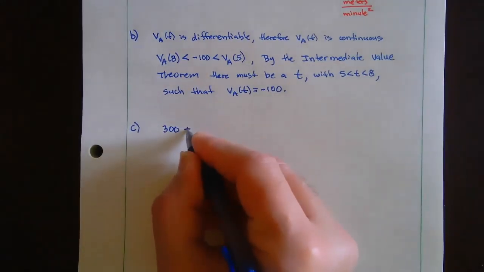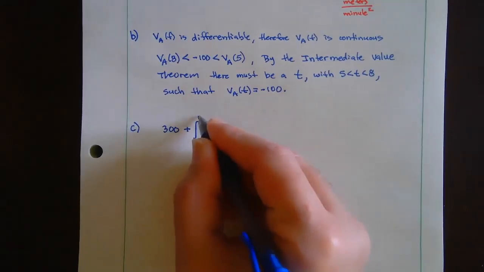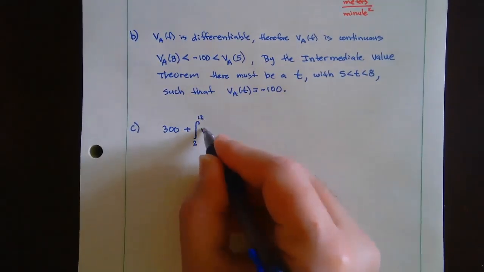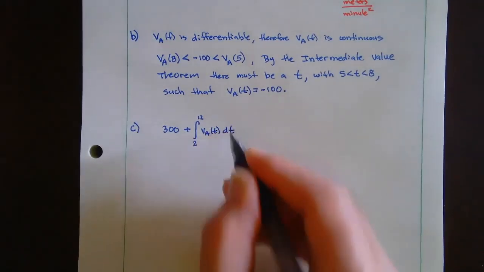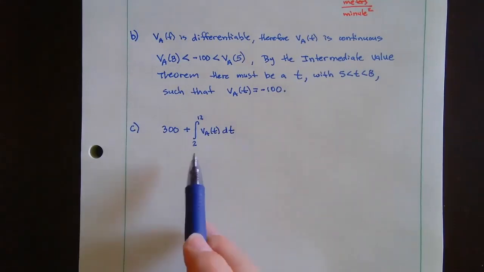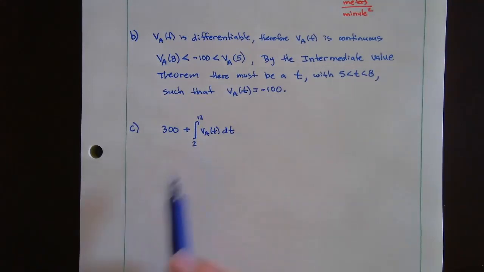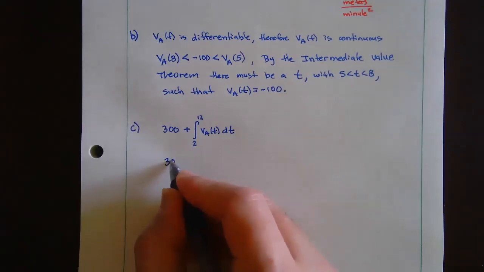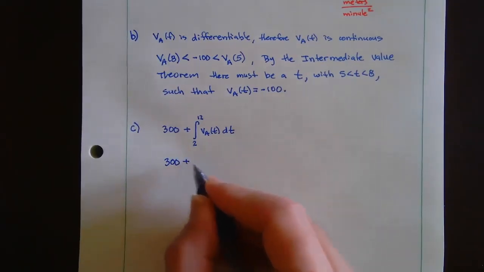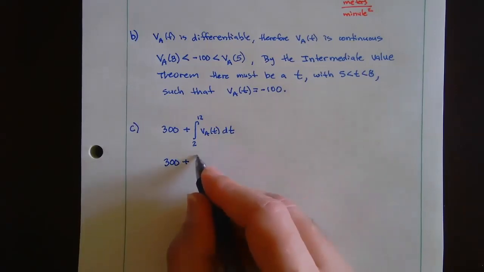And then we're going to add to that the integral from 2 to 12 of v sub A of t dt. And we're going to use a trapezoidal sum for this, okay? So we got to start this at 2 because we know it's 300 at 2, okay? So you don't want to start this at 0, okay? So then this would be 300 plus, okay? And then we're going to use a trapezoidal sum to get this integral, okay?